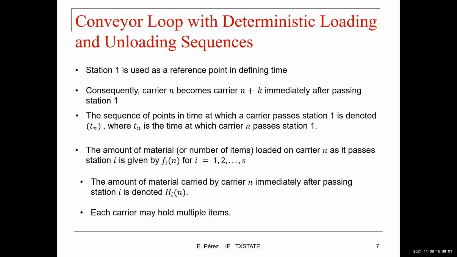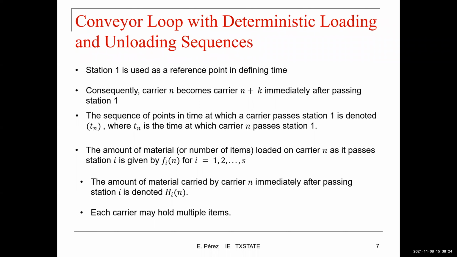So carrier N becomes N plus K immediately after passing station 1. The sequence of points in time in which a carrier passes station 1 is denoted by Tn, where Tn is the time at which carrier N passes station 1. Okay, so we are also keeping track of that T, or time.